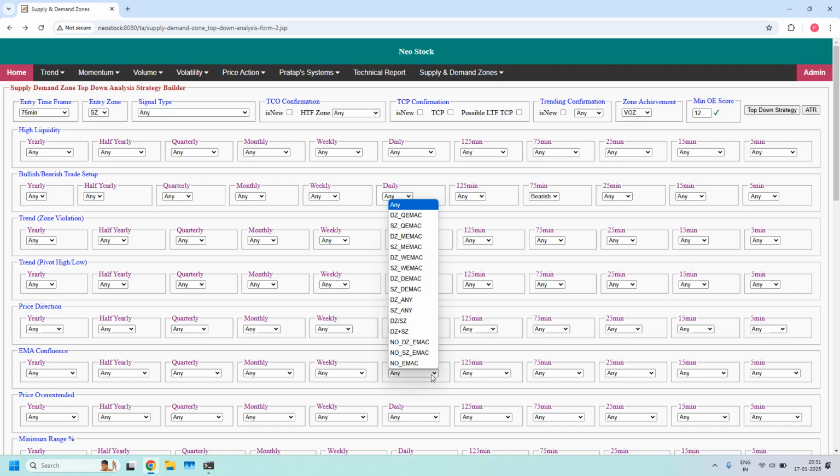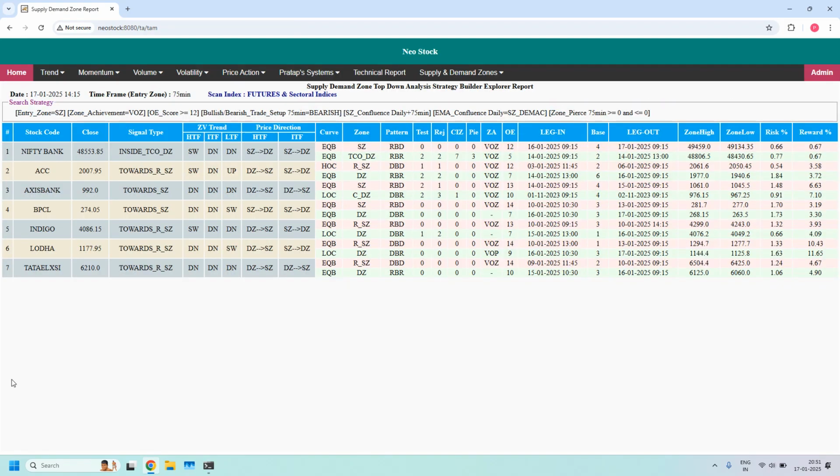That's why we are looking for daily supply zone having daily EMA confluence. Moreover, the daily trend is a downtrend. We got 7 stocks. So these 7 75 minute supply zones are even higher probability trade setup supported stocks, because they are part of the daily supply zone, and that daily supply zone is having daily EMA confluence.